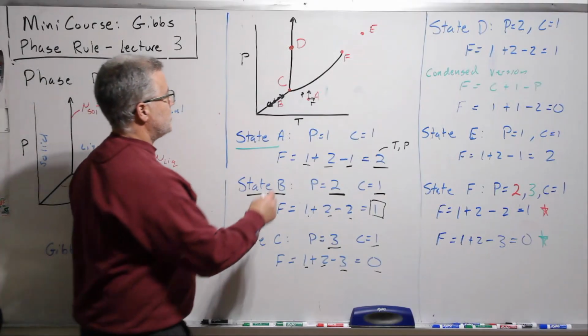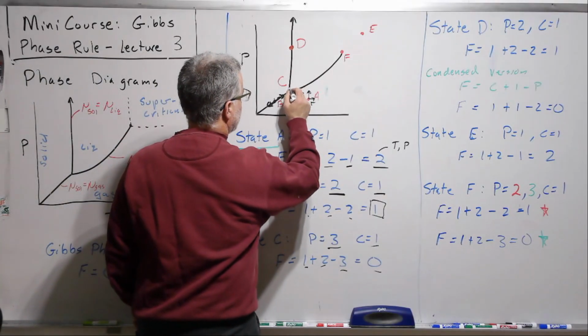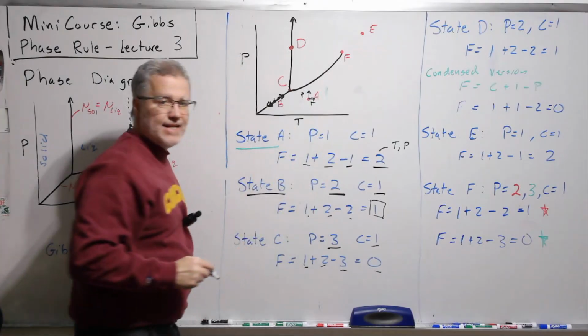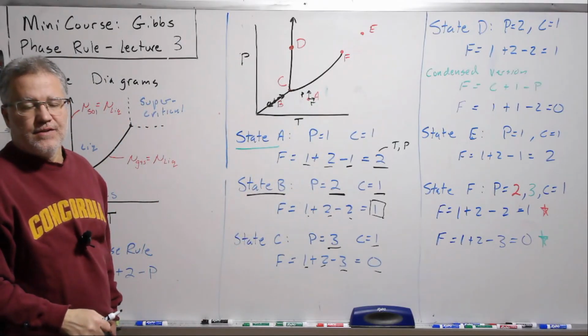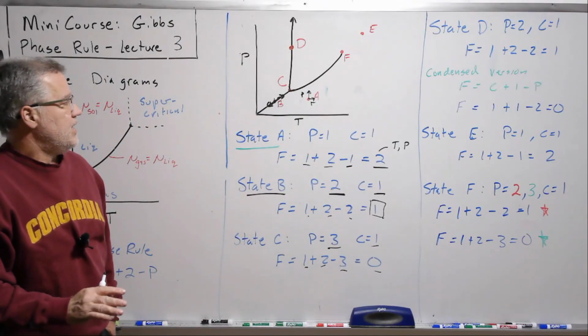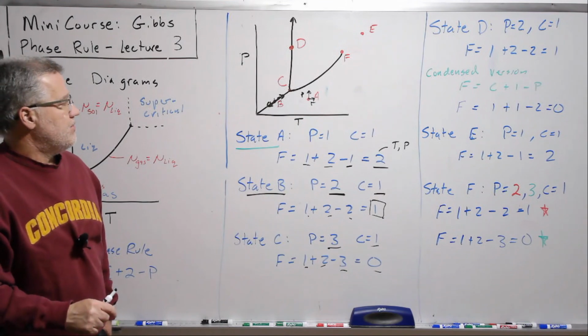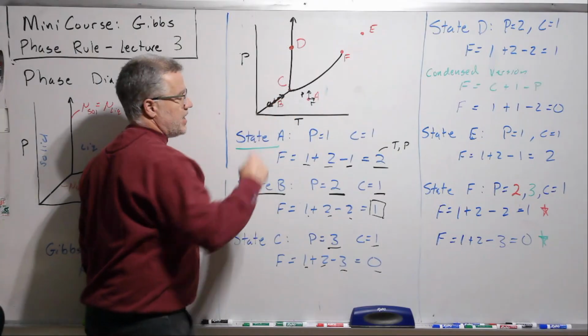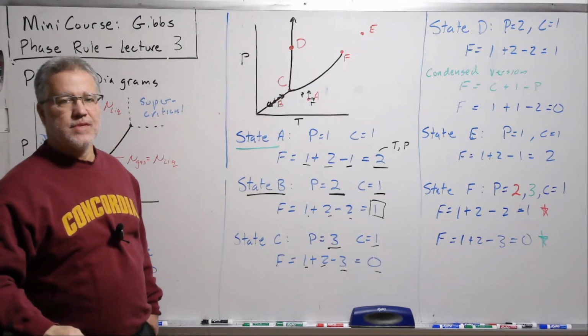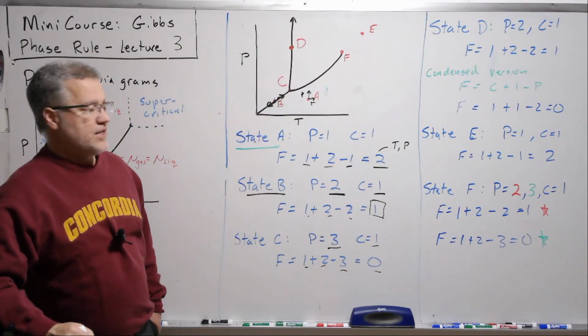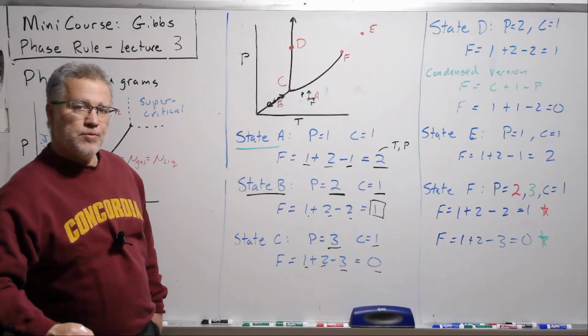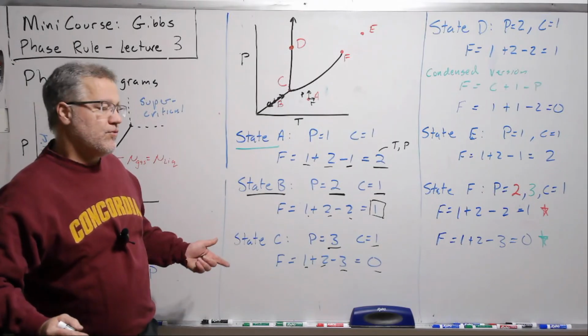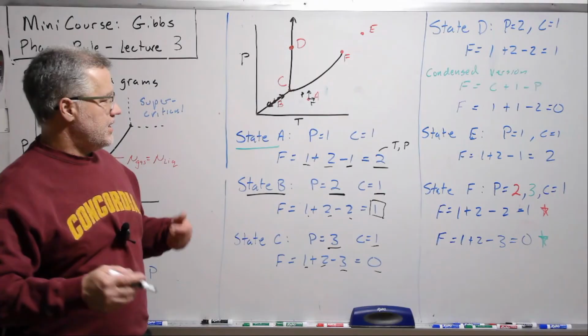And if we look at this, there's nothing we can do to maintain that point. If we move in any direction there, we cannot maintain the system. So unlike B, where we could move along this line and we're still in this gas-solid equilibria, the triple point, if we move away from the triple point, we're no longer in equilibrium.